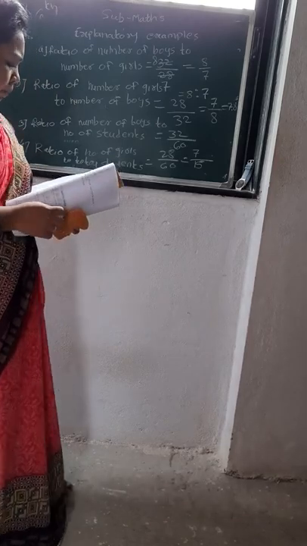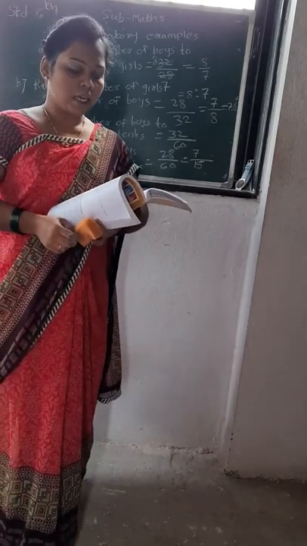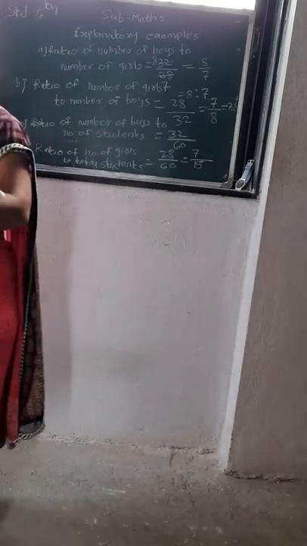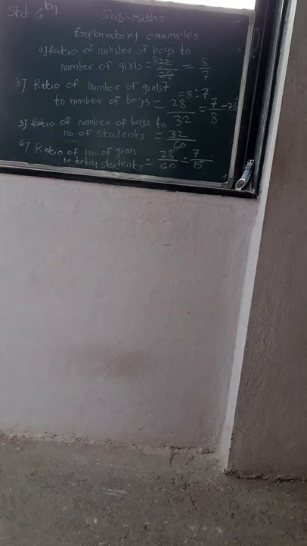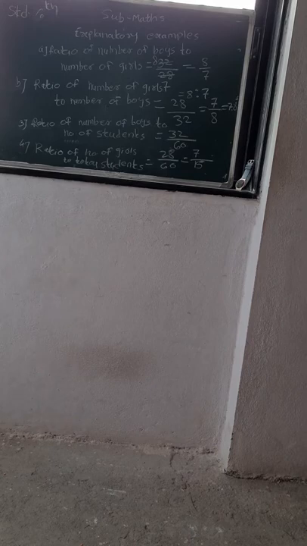So 7 divided by 15. This is the first example.